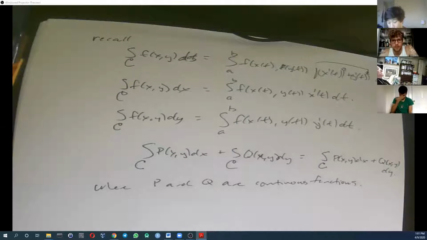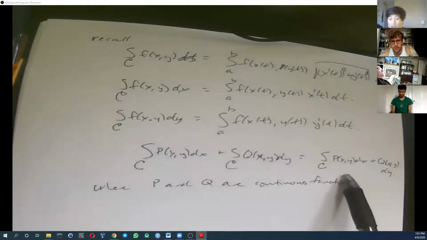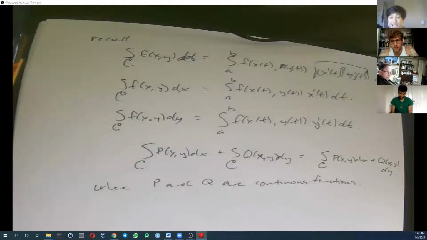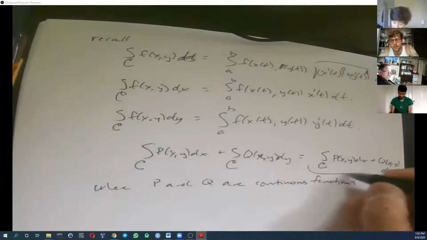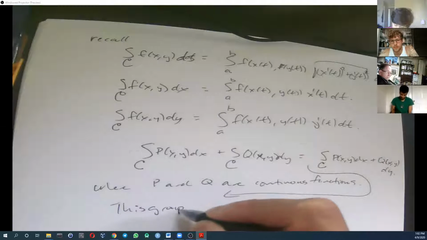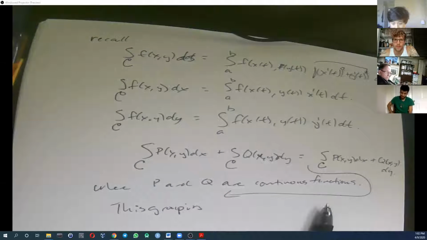Okay? So this grouping into one integral is with the understanding that x and y are parameterized by the same variable.